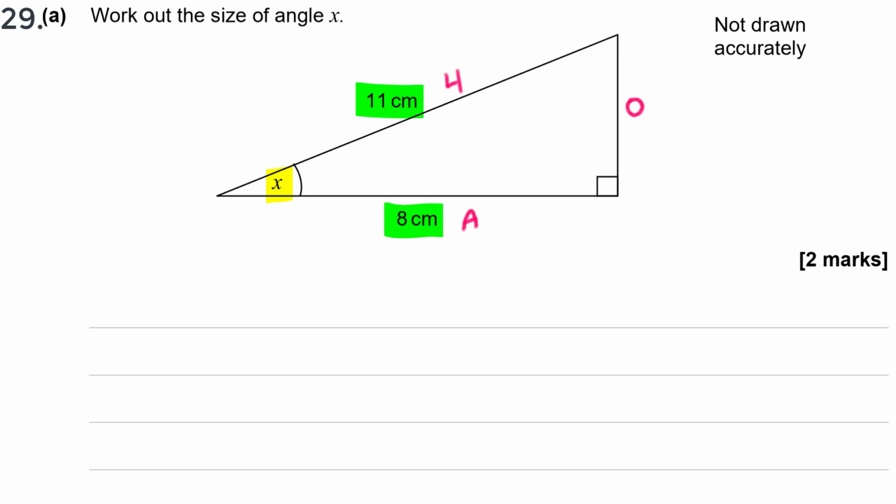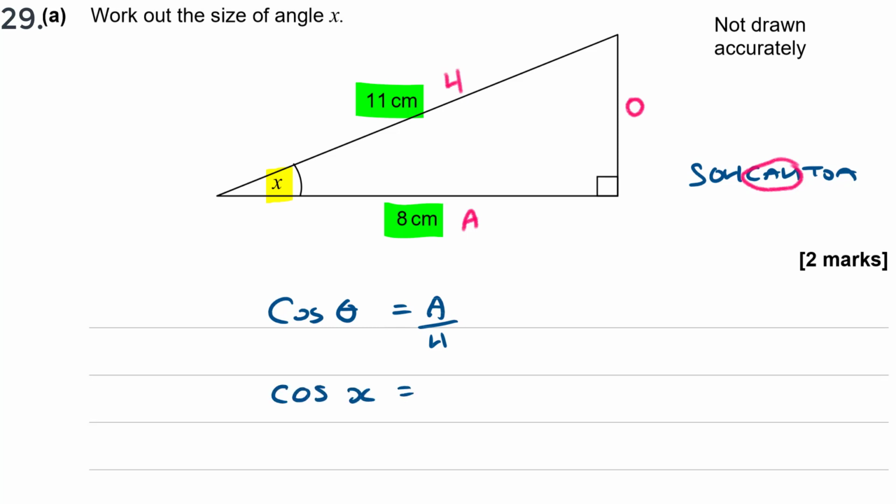I don't know how you remember which one it is. I use SOHCAHTOA. Whichever way you remember, the adjacent and the hypotenuse is about the cosine. Cos of an angle is equal to adjacent over hypotenuse. In this case, cos x equals adjacent 8 divided by hypotenuse 11.